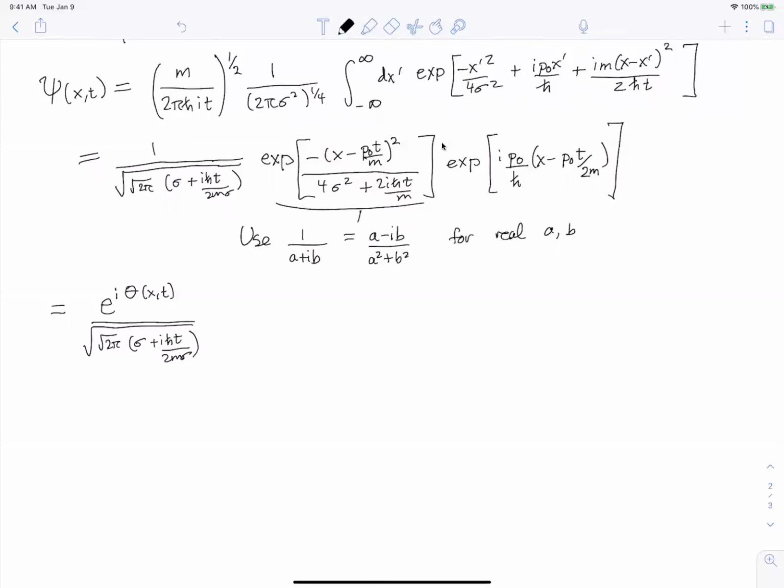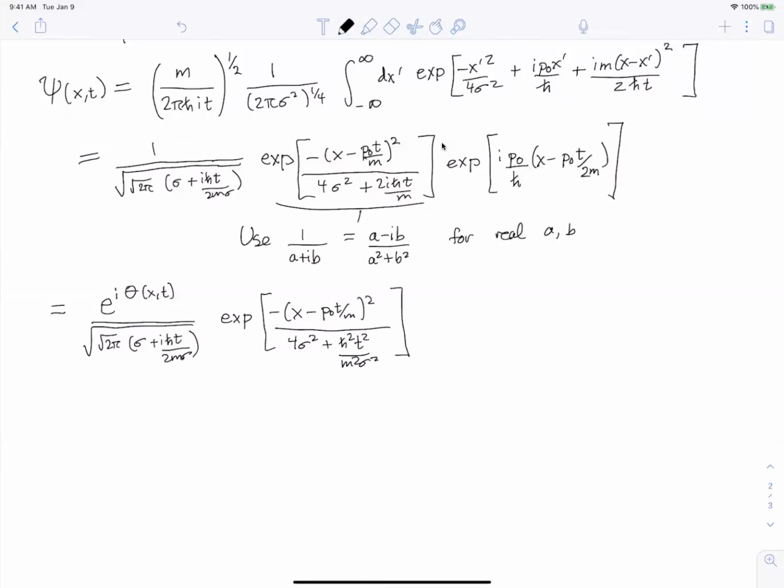And then the only thing left over is an exponential now of a real quantity, which looks like x minus p0t over m squared over 4 sigma squared plus h bar squared t squared over m squared sigma squared.